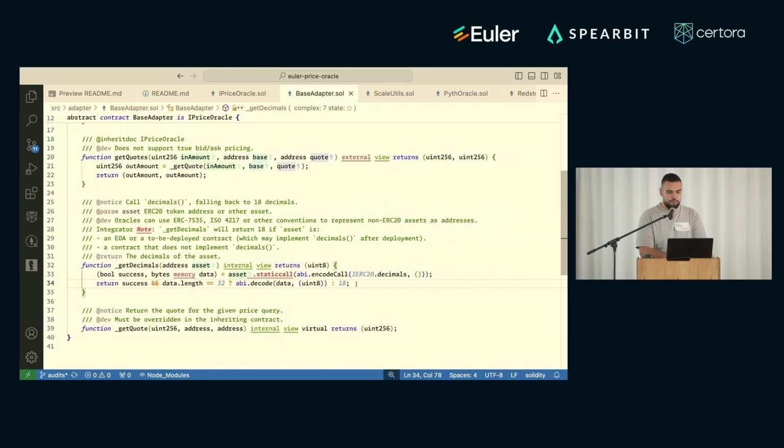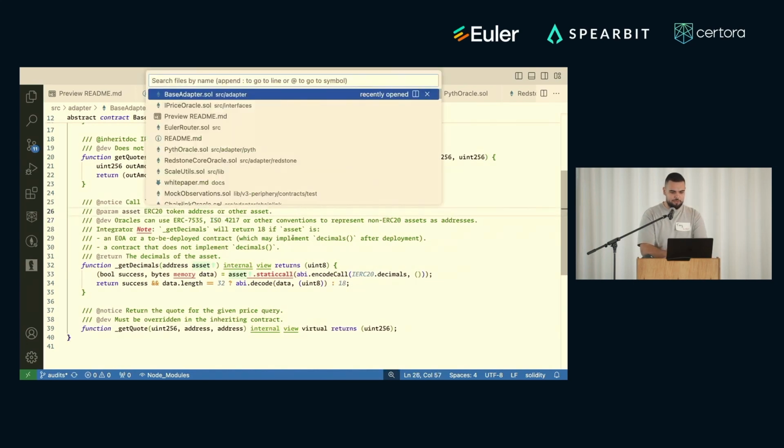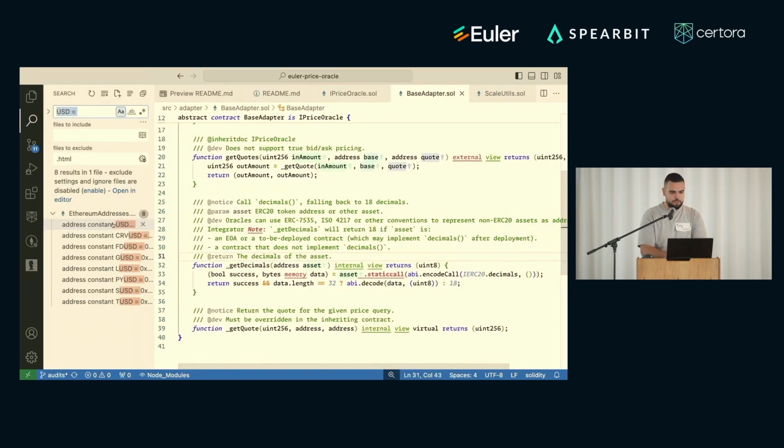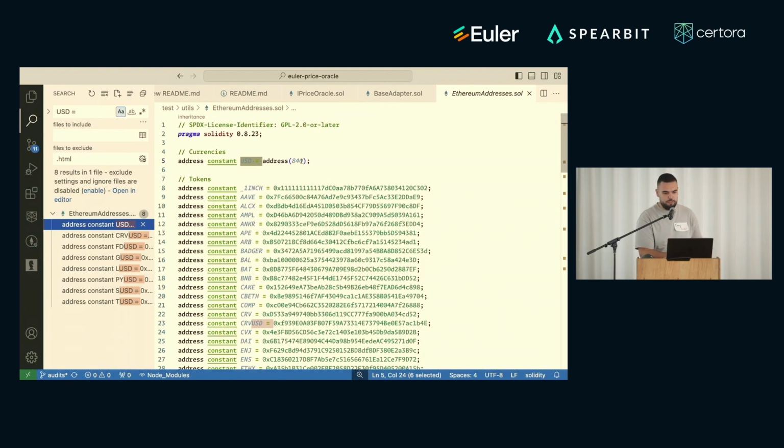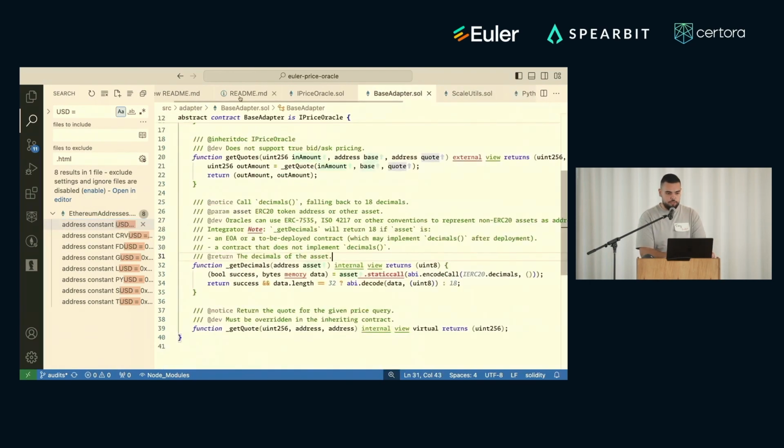And so we want to have a convention for representing them and a convention for the decimals. And so we have 18, and for the representation of USD, we use this ISO 4217, which is actually used by Chainlink as well. It's this international standard numeric code for currencies, but it doesn't actually matter how you represent it, as long as it's not a contract with code, it is going to fall back to 18 decimals.